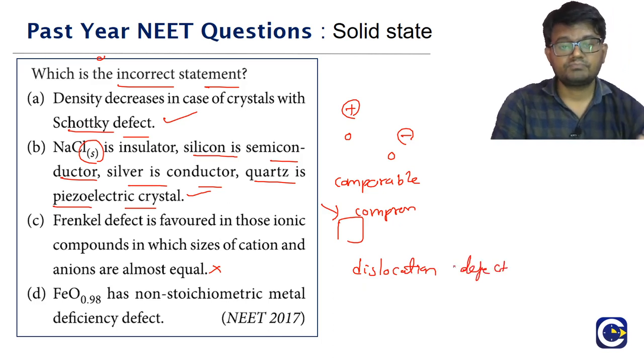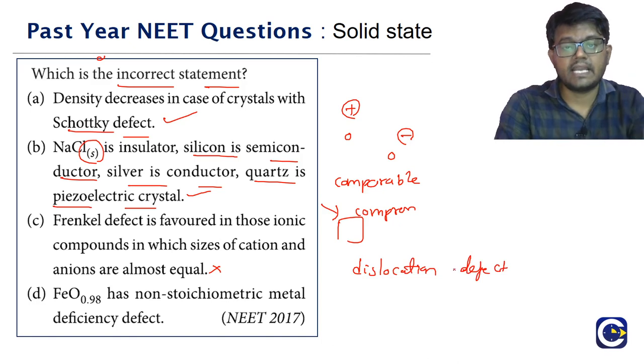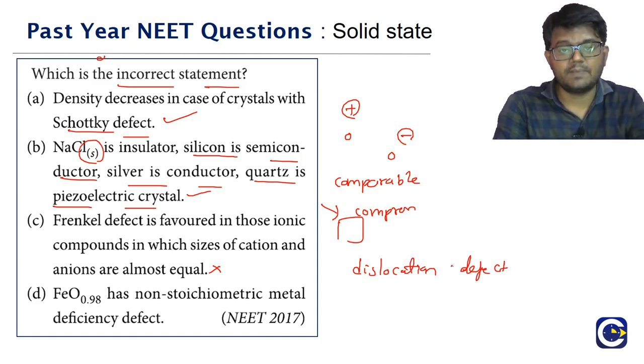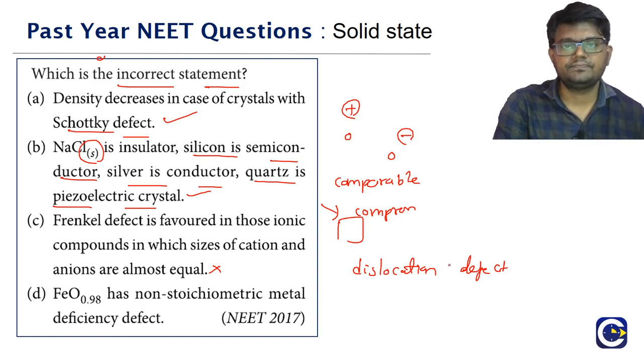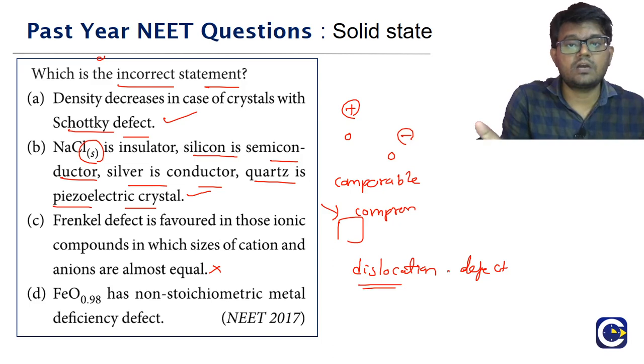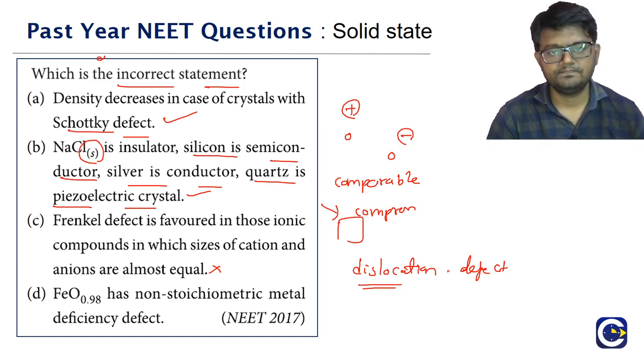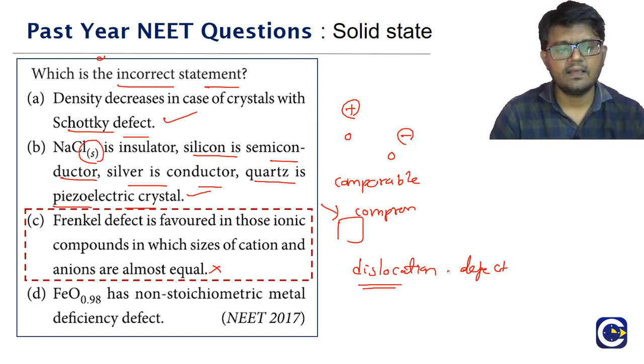The smaller ions, be it the cations or anions, move away from their original lattice places and go and occupy the voids. This is what we call the dislocation defect, and it happens when the cations and anions are too different in terms of sizes. Okay, so this is incorrect.